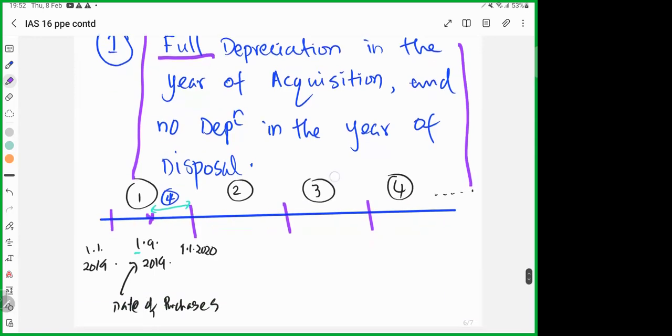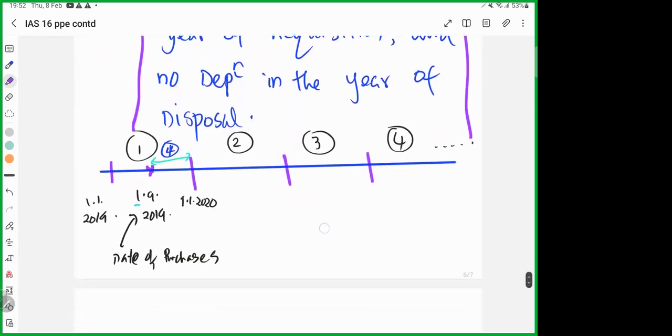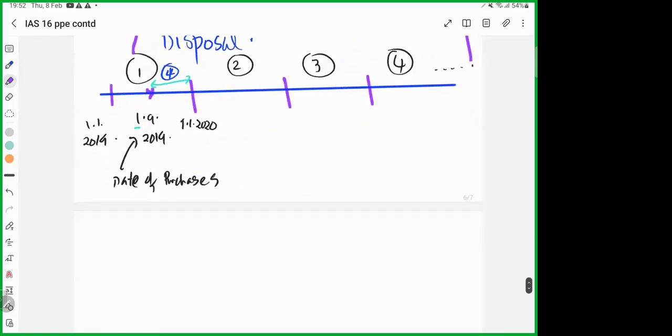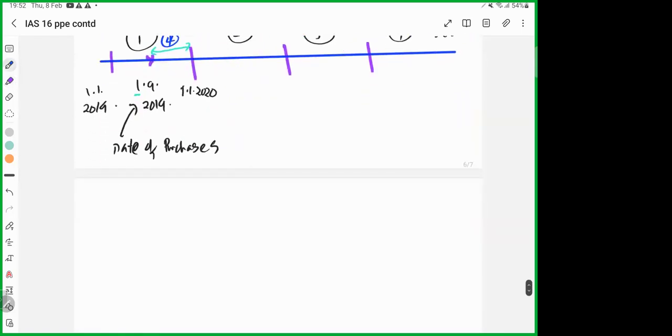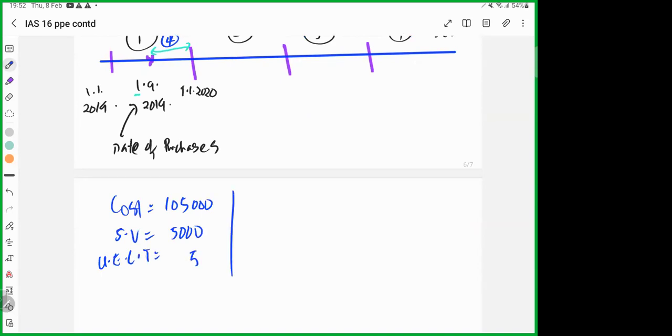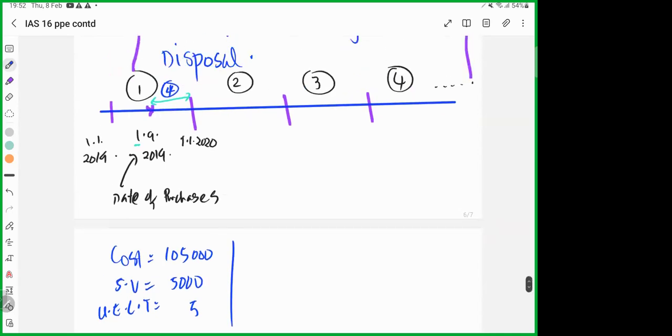So, for example, in my previous example, the cost is 105,000, salvage value 5,000, and useful economic life is 5 years. So in the first year I will calculate depreciation as 105 minus 5 into 1/5.